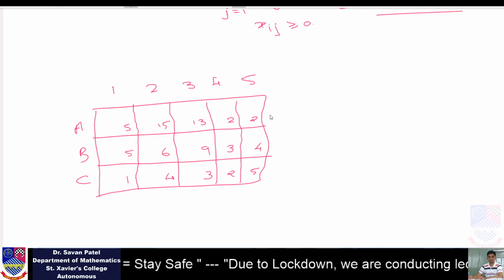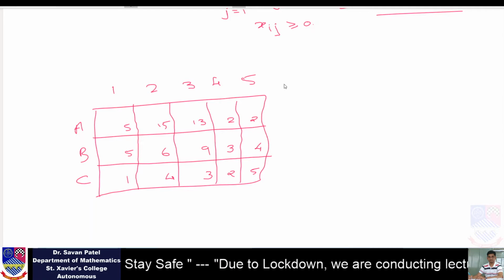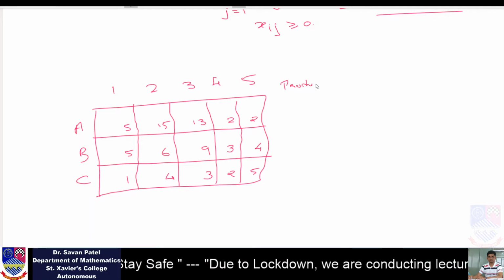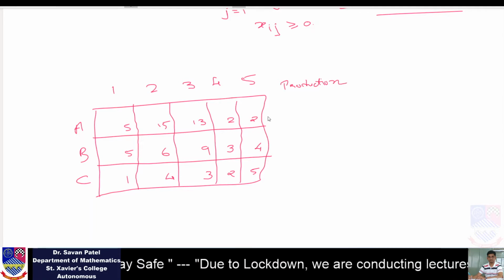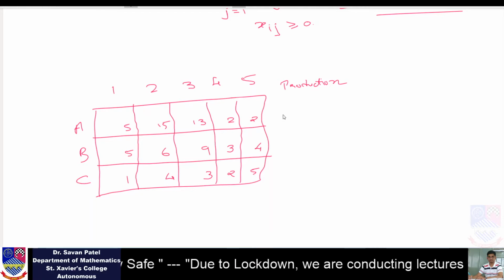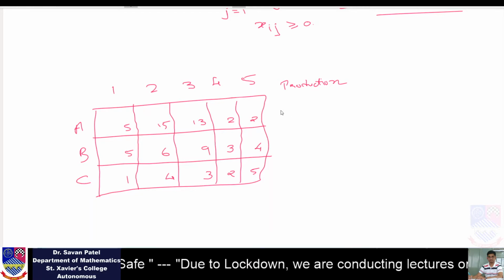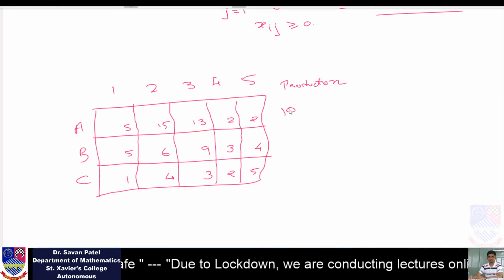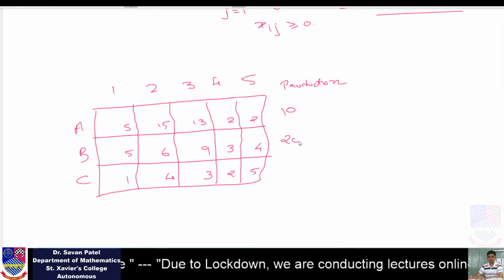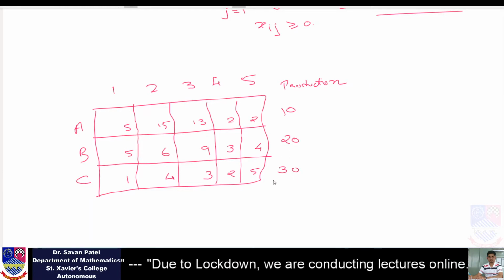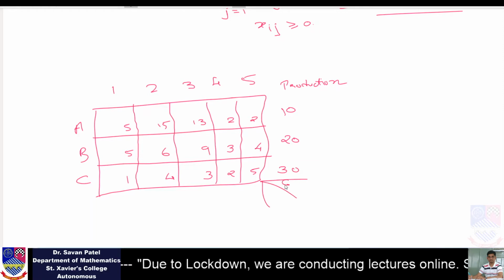the production is, I am adding here, from A's production is say 10 units, from B's production is say 20 units, and from C's production is say 30 units, so total production is 60.